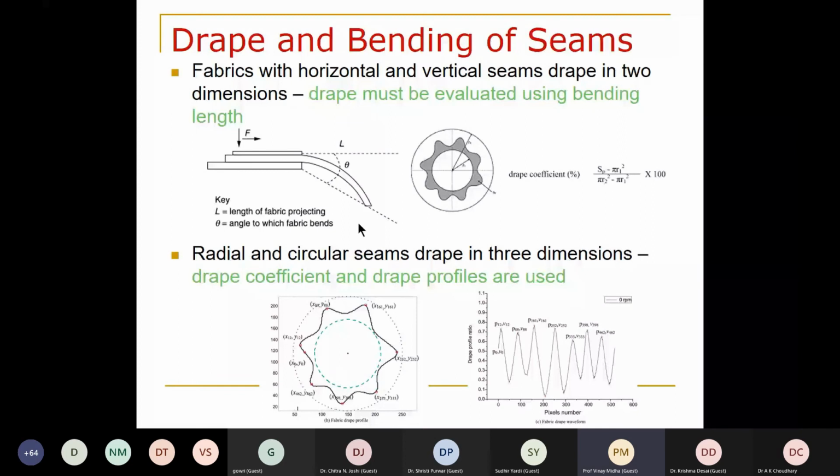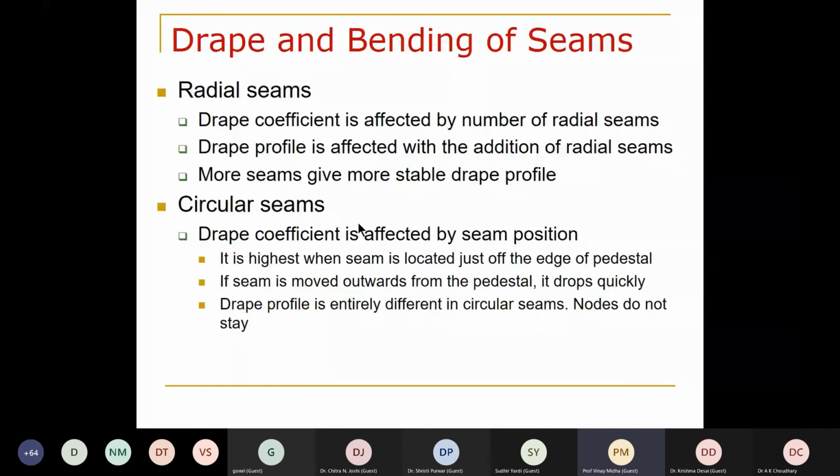For radial seams, the drape coefficient will be affected by the number of radial seams. If the number of radial seams increases, then the drape coefficient will also increase. Drape profile will also be affected with the addition of radial seams, and if there are more seams, they will give a more stable drape profile.